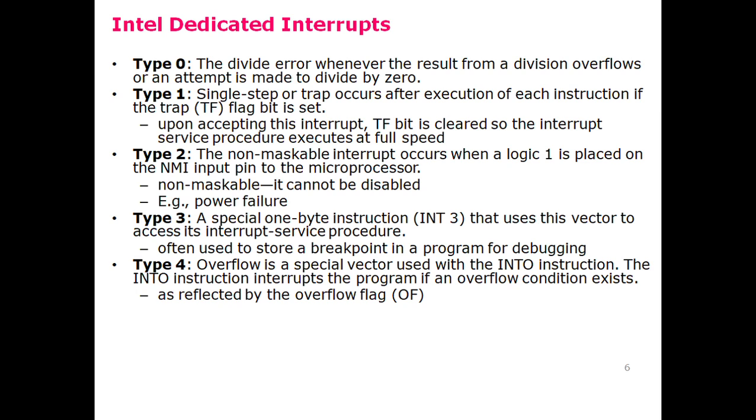Interrupt vector 3 or type 3 is a special 1-byte instruction written as INT 3. So this is a variation of the interrupt instruction. This is a 1-byte instruction, while other interrupt instructions are 2 bytes, represented with INT followed by a number, that is a vector number.